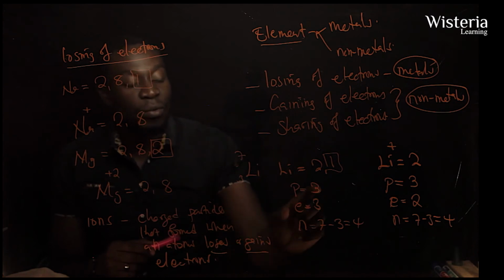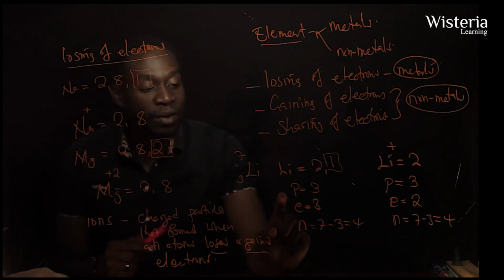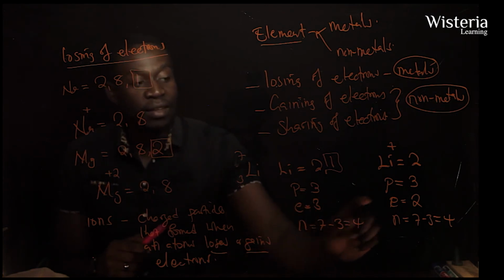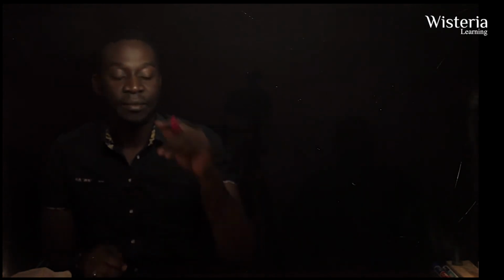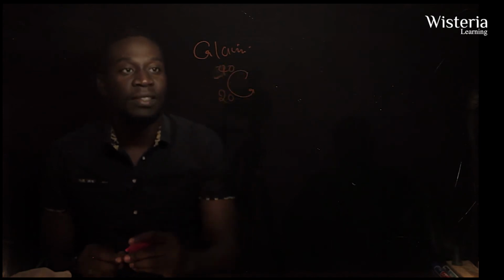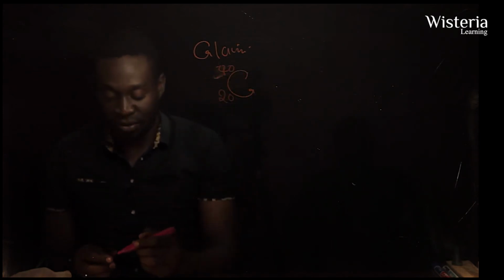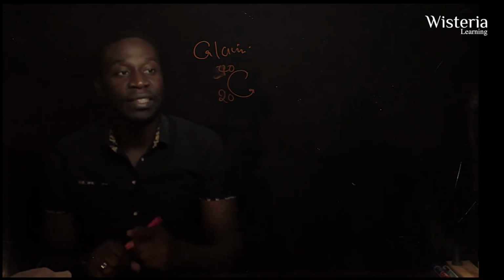That's why when forming an ion from an atom, there is a chemical reaction, and in this case, it has lost 1. The 3 will become what? 2. So we're going to look at another example. Let's say calcium. I've got these 2 numbers, the mass number and the atomic number. We said the atomic number is the one that is very important in terms of chemical reactions.